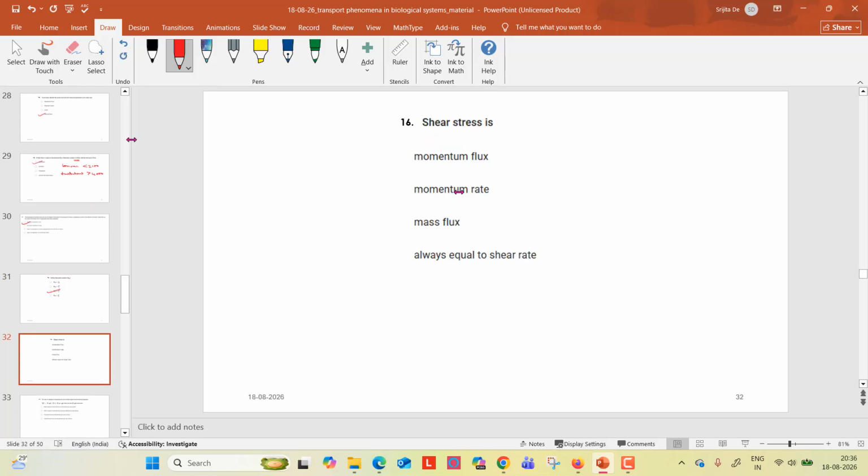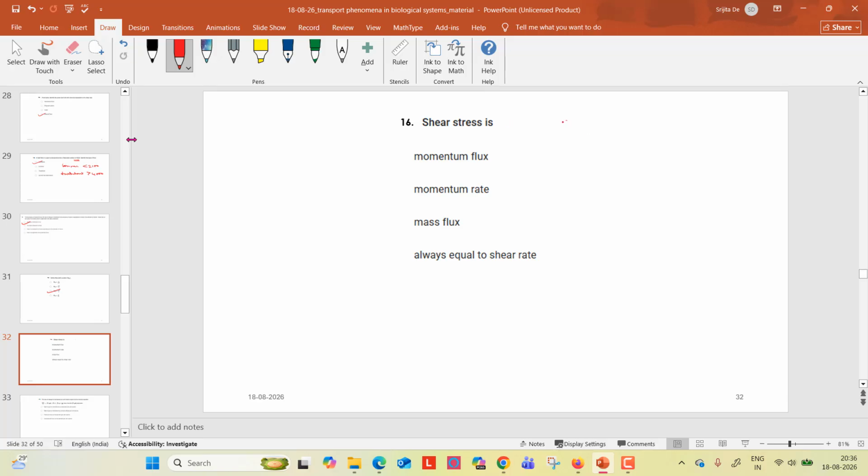Next. Shear stress is momentum flux, momentum rate, or whatever. So now we have to calculate the unit. So shear stress, I have said you shear stress is nothing but the pressure. So pressure is force per unit area.